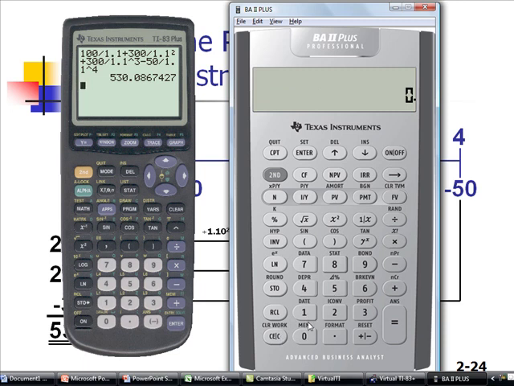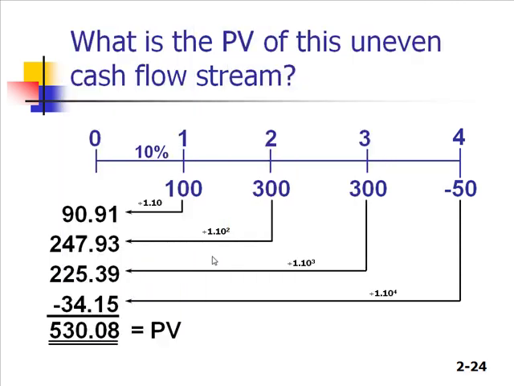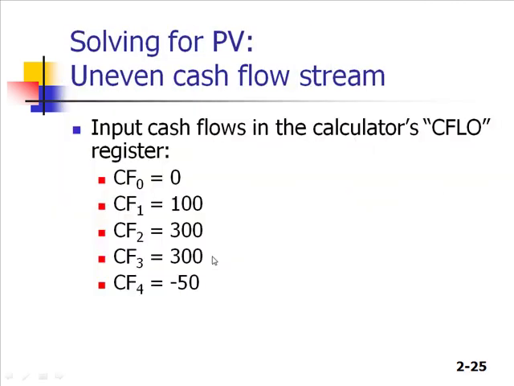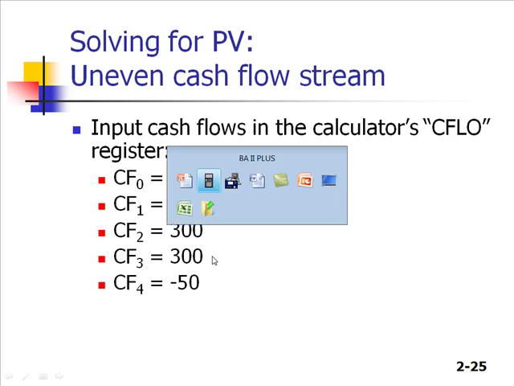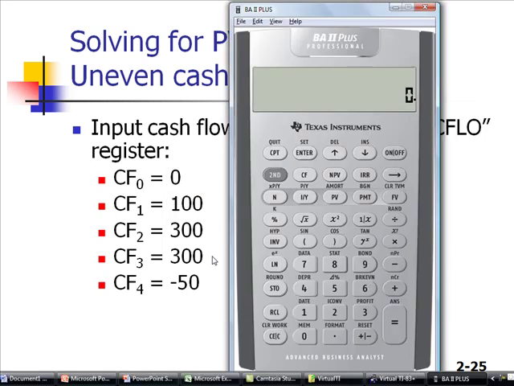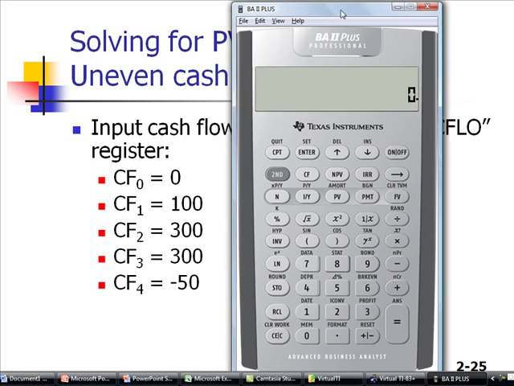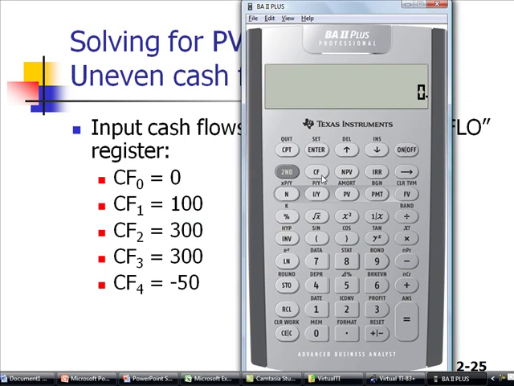I'm not going to go through that again, but I want to show you one other possibility as far as a calculator solution. Financial calculators are built to do things like these present value problems. That's one of the main things that finance students and finance professionals have to do, and so they are built to accomplish that.